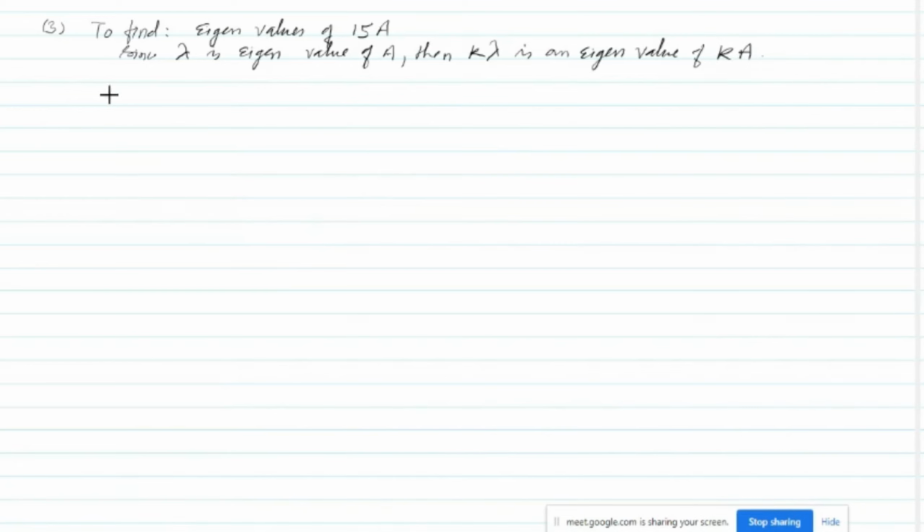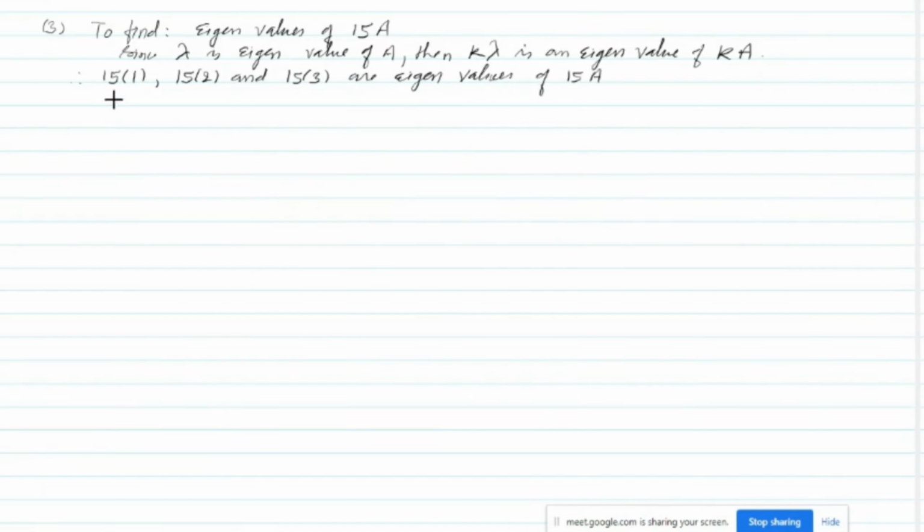Okay, so therefore 15 times 1, 15 times 2 and 15 times 3 are the eigenvalues of 15A.